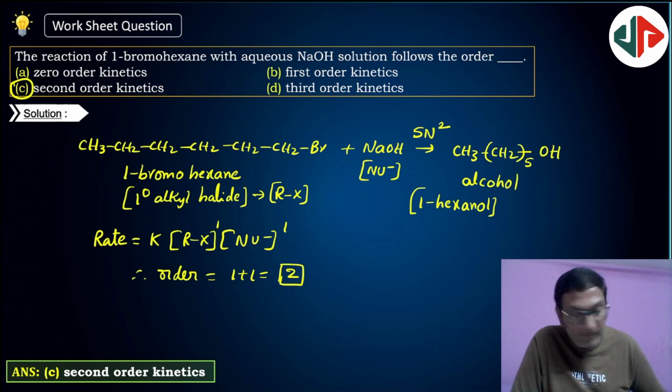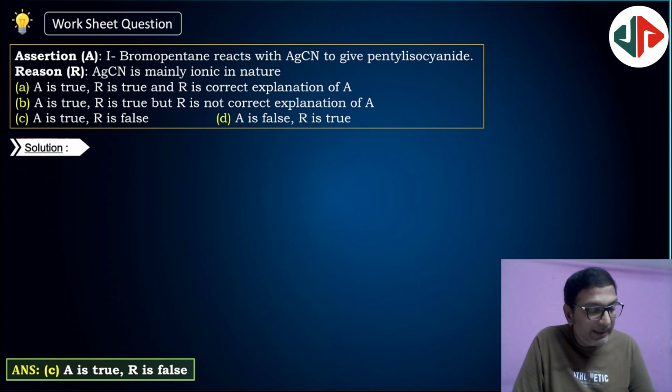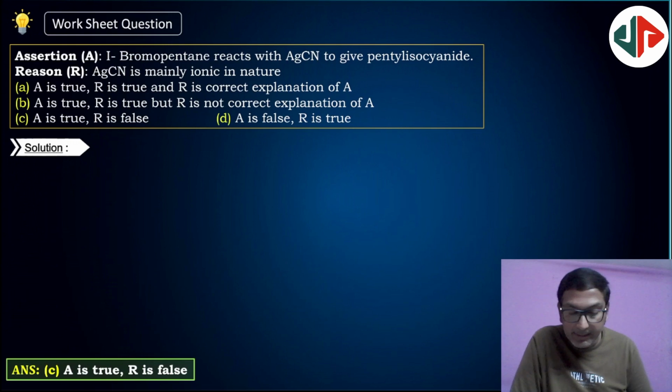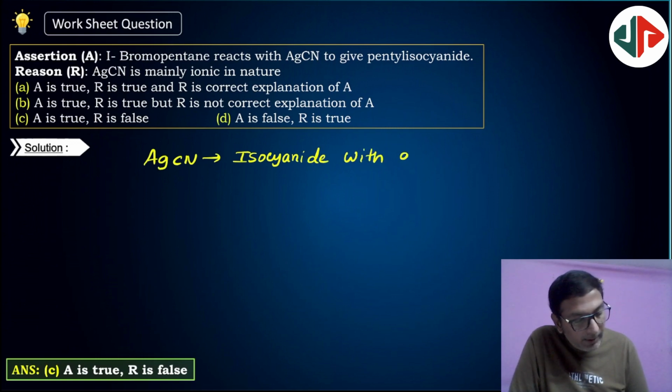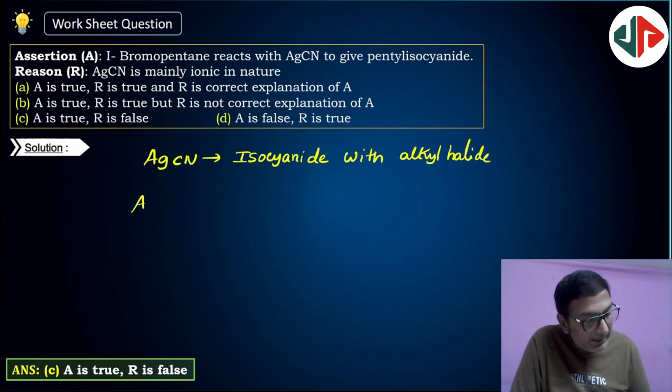Next. Bromopentane reacts with AgCN to give isocyanide. Isocyanide is correct. AgCN gives isocyanide with alkyl halide, because AgCN is covalent.